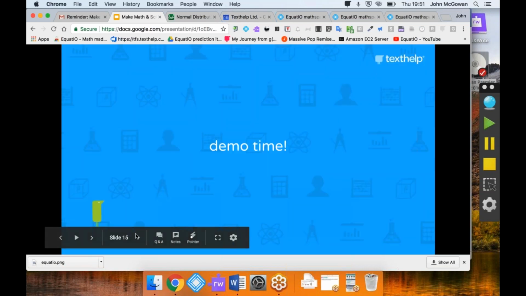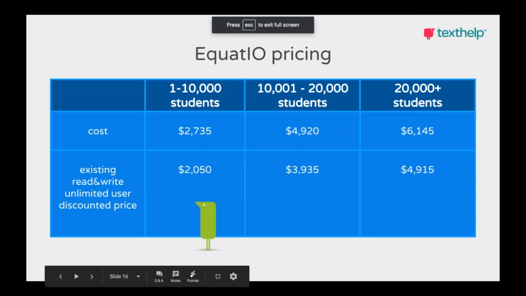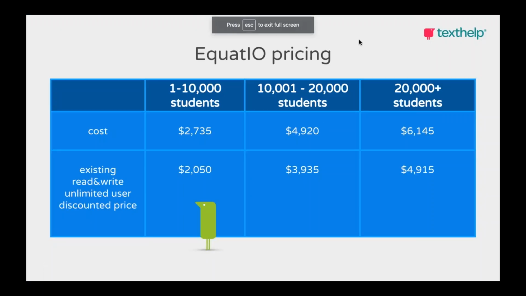Yeah. So in terms of pricing, what we're showing here is campus-wide pricing, but there are other options that you can explore with your particular salesperson. On the top is the size of the campus. So you'll see it's all pretty reasonable. The top line says if you're just EquatIO only and you're a 15,000 student campus, for example, it'd be $4,920 for a year.